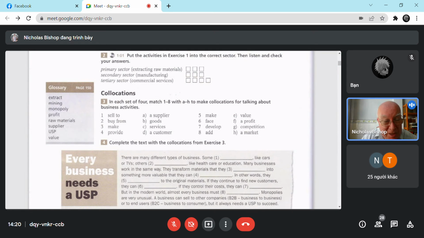But usually, extract means that you take something out of, for example, the ground. As in coal mining, you extract the coal from under the ground, or precious metals.